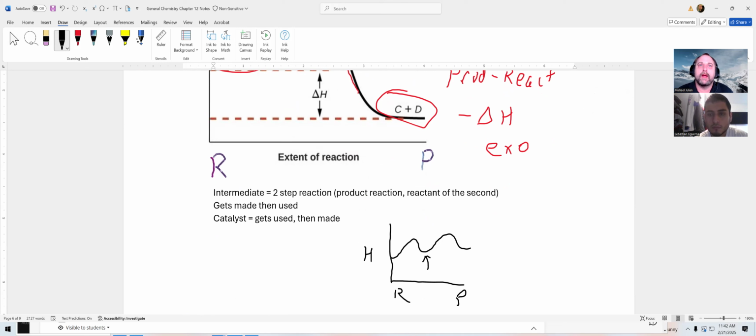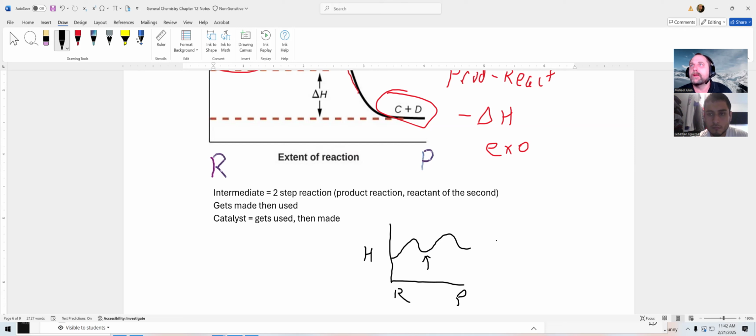And so it doesn't really affect anything in terms of this delta H. It's just it gets made. We can actually collect it. I can put it in a bottle for the most part, and then I could do the second part of the reaction. So sometimes we collect it and then we do a separate reaction. Sometimes we do it all in one pot.